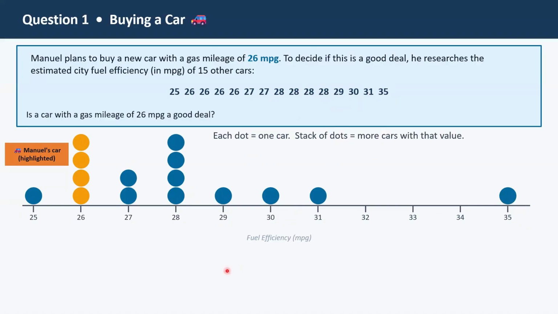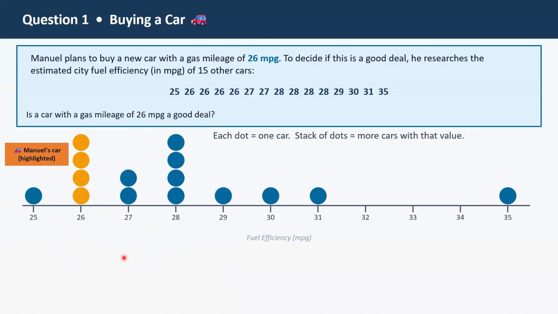Now that we have a dot plot here, what do you notice now? I see most of the data are clustered between 27 and 29, or you can say 26 and 28.